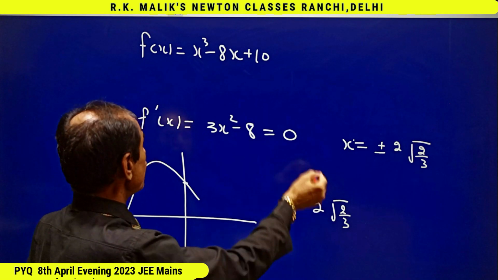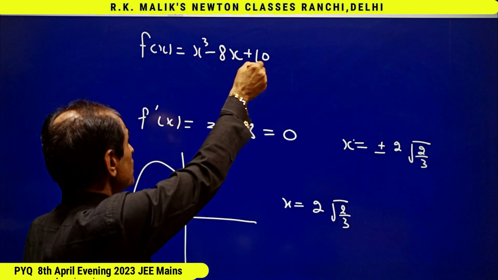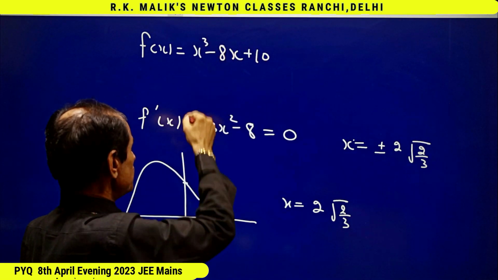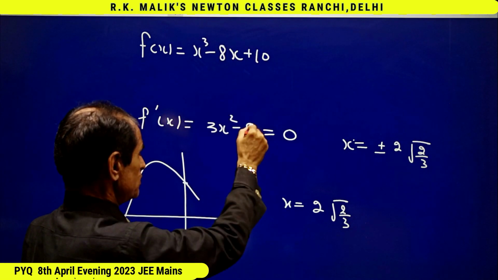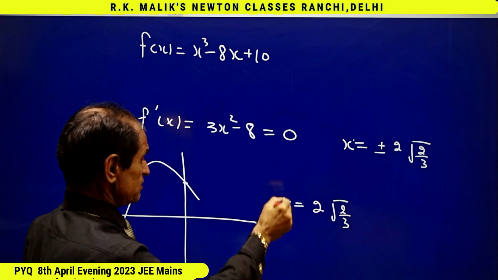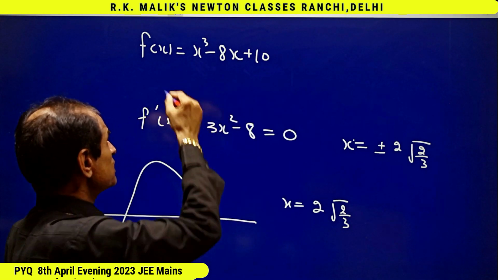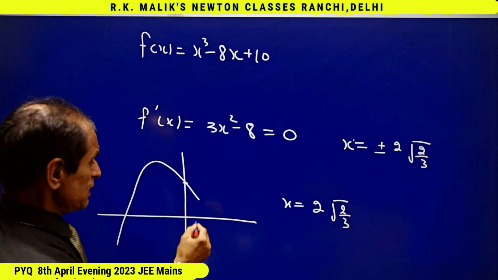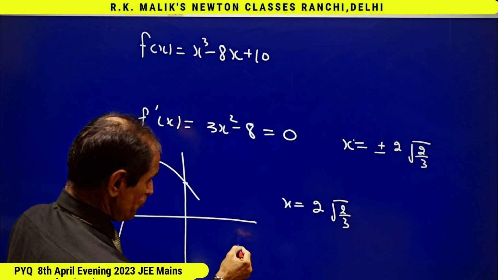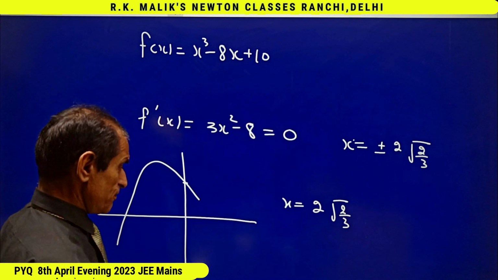By putting this value of x here, if I get a positive number, it means graph will be turning somewhere above x-axis. If by putting this value of x here, I get the value of f(x) negative, it means the graph will be coming below x-axis and turn.